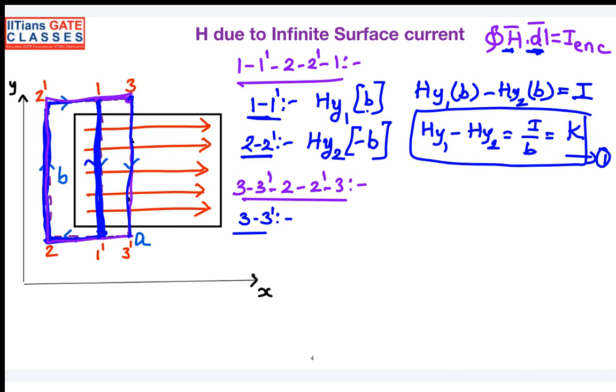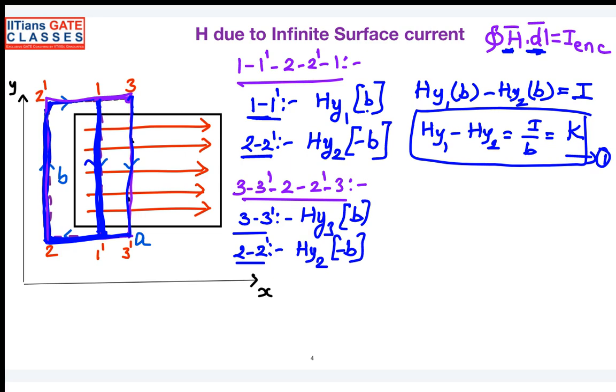Let me define that magnetic field component as Hy3 into B, the length you have covered. When moving from 3 prime to 2, you are moving perpendicular to the sheet, so H dot dl becomes 0. Then 2 to 2 prime is the same as Hy2 into B.